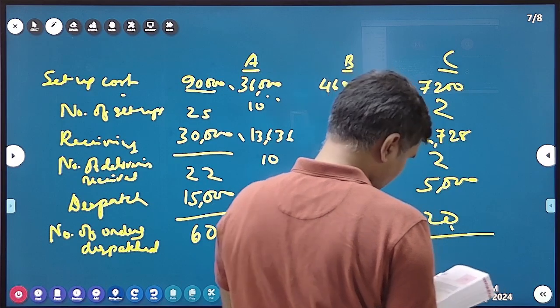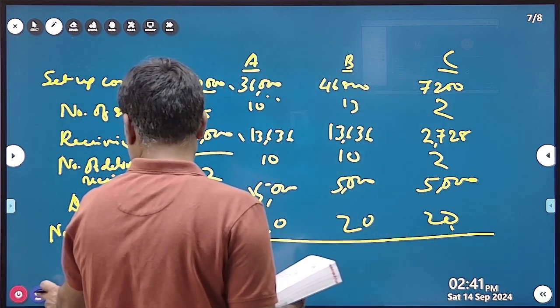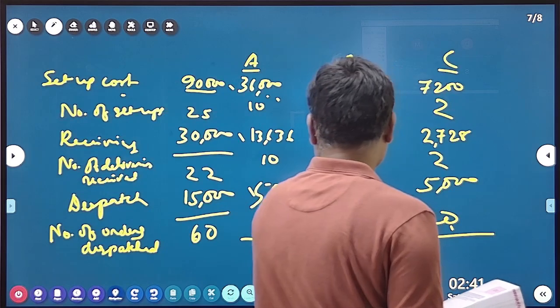So these are our total costs: 7,200, 2,728, 5,000, 2,340.